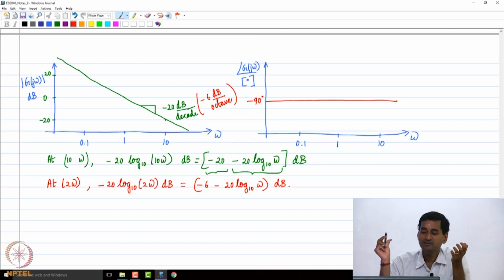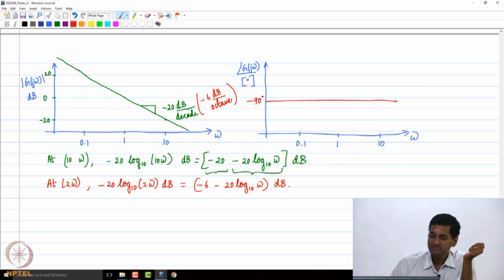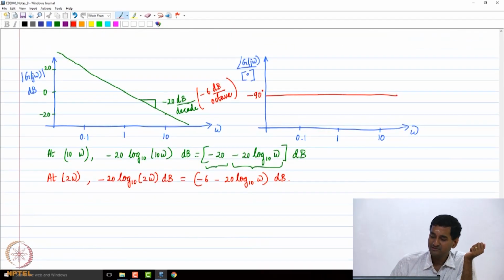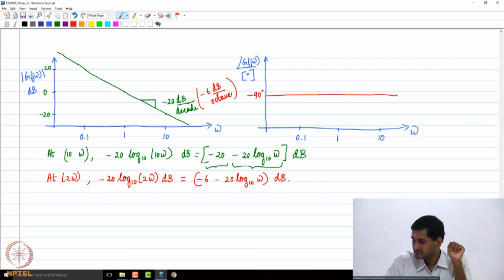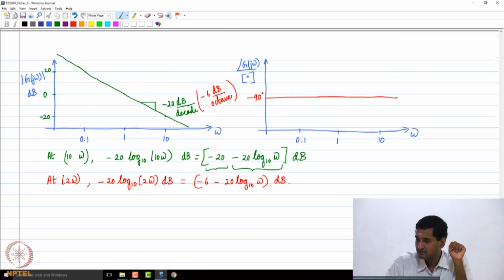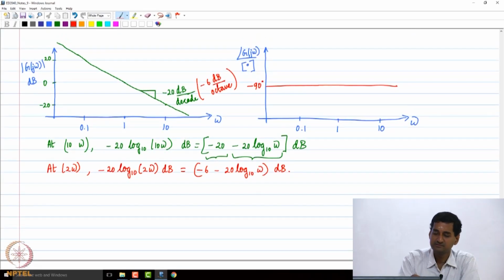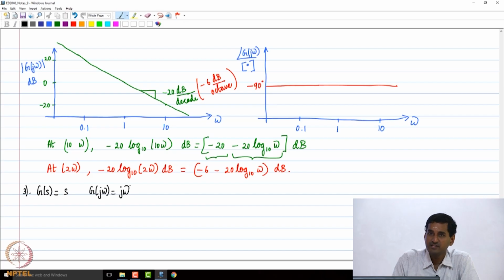So now if I want to consider g of s to be s, what do you think will happen? Let us say g of s, I take it to be s. Okay, let's repeat the same things. It's pretty straightforward once we know the process. g of j omega is going to be j omega.